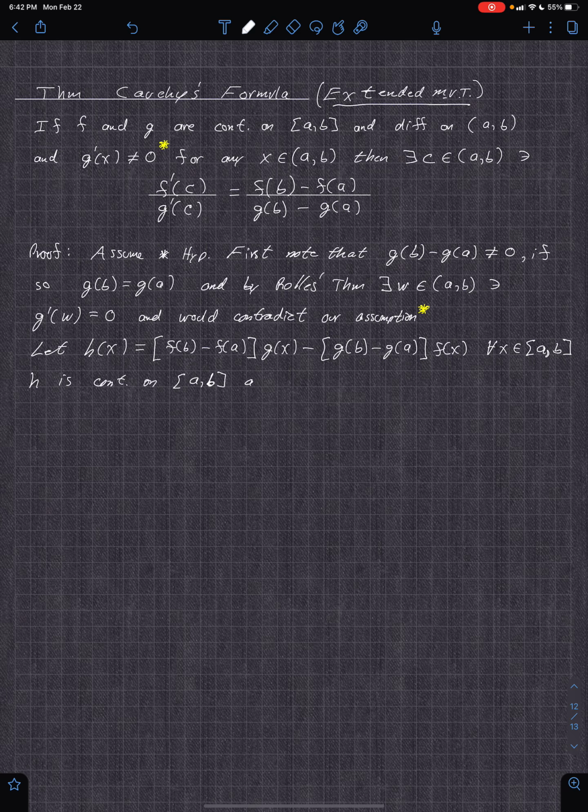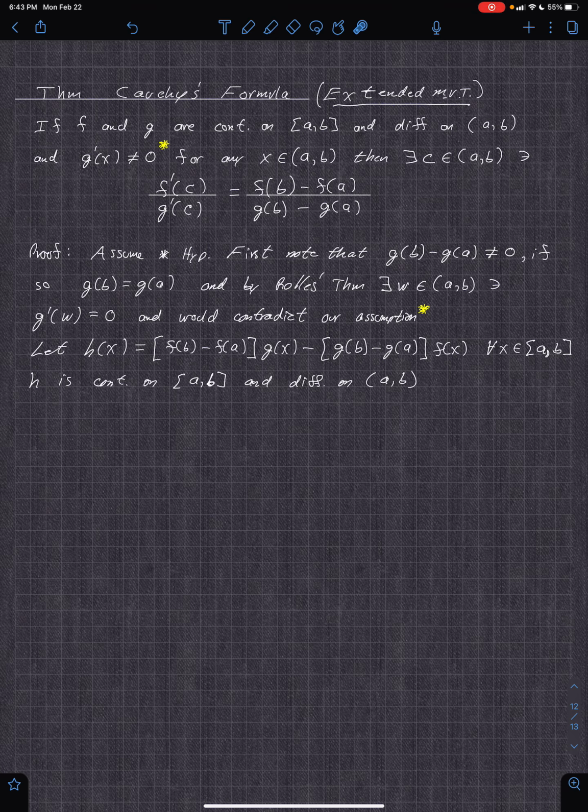And similarly, it's differentiable on the open interval from a to b, because of sums and differences of differentiable functions being differentiable, that kind of stuff.